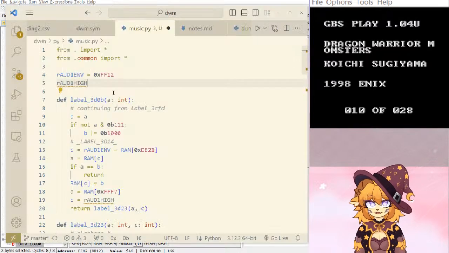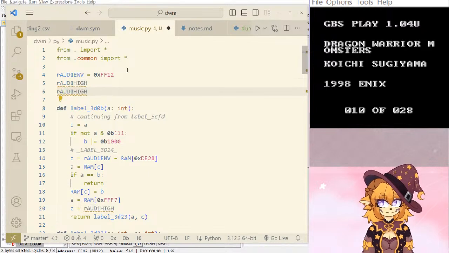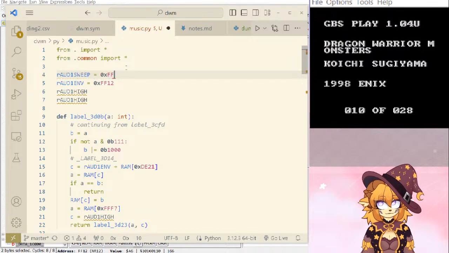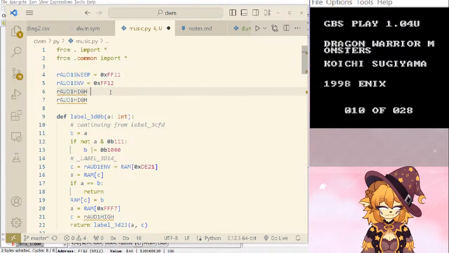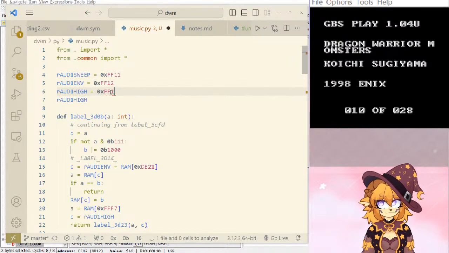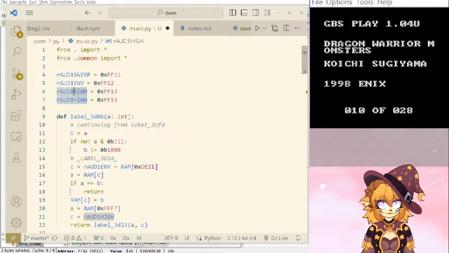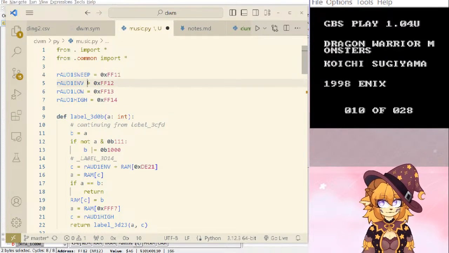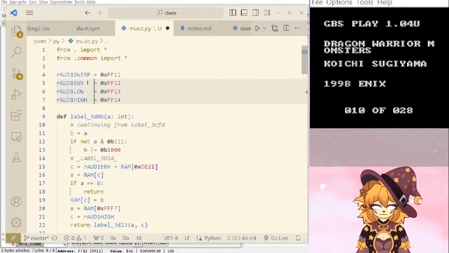This is 14, was 13, sweep is 11. Oh, this was low. Okay. 15. Right.